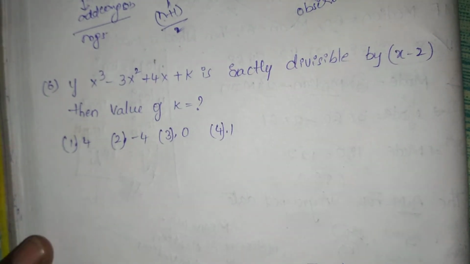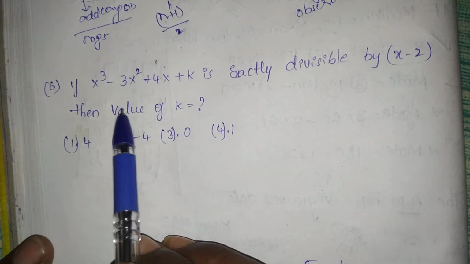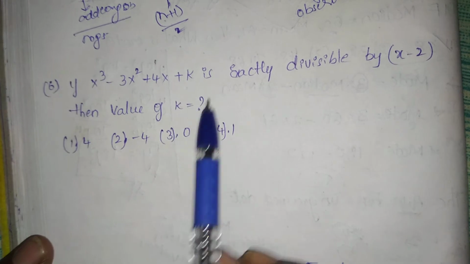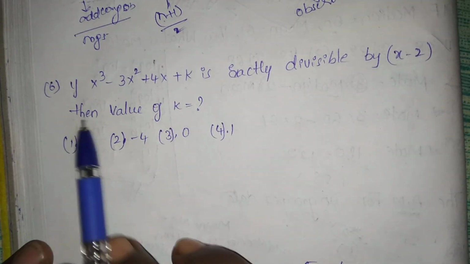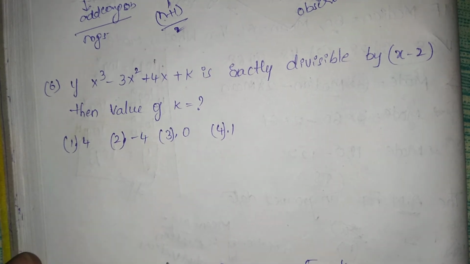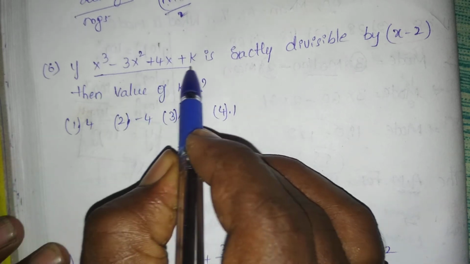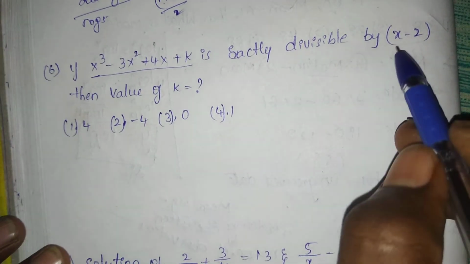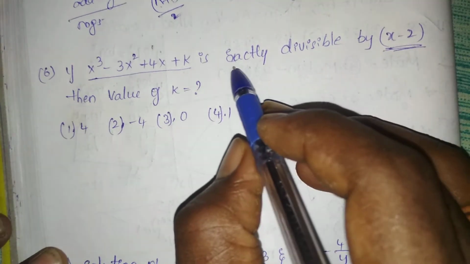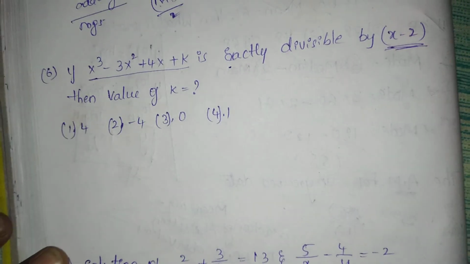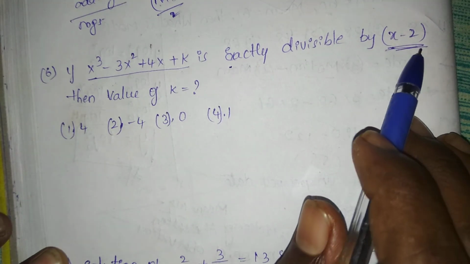Here we have x cube minus 3x square plus 4x plus k, which is exactly divisible by x minus 2. Then what is the value of k? This is a cubic polynomial and this is x minus 2. We have to read the question perfectly: it is exactly divisible by x minus 2.